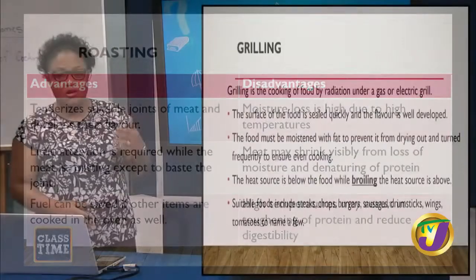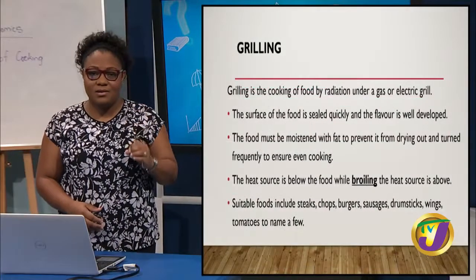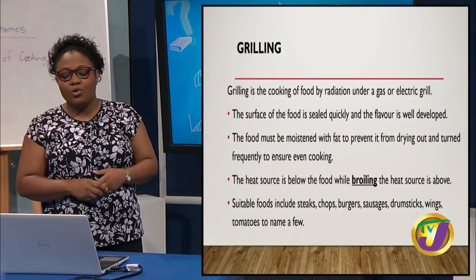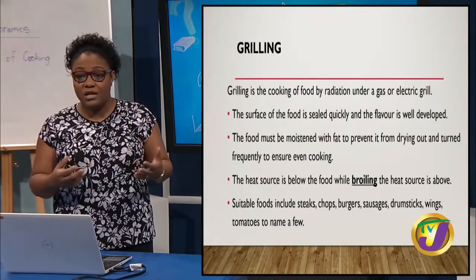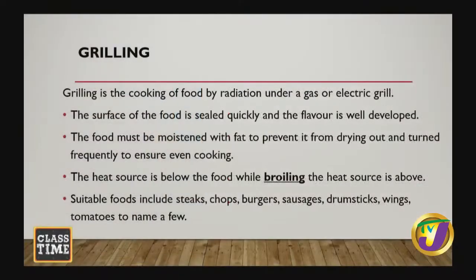Grilling is another dry heat method of cooking. Now grilling is the cooking of food by radiation on the gas or electric grill. The reason why some persons love grilling so much is that when you put the food item on the grill, the food item is sealed quickly and the flavor is very well developed.